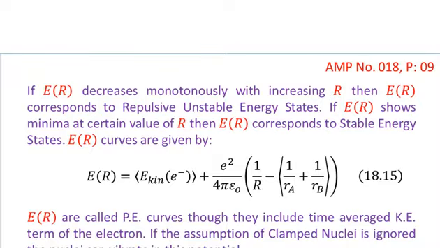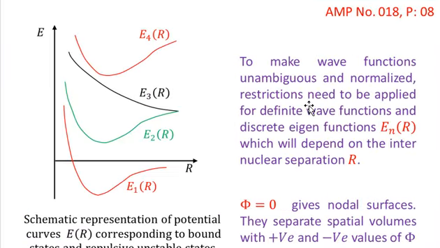So you see that the curves E4, E2 and E3 show a minimum at a particular value of R. So these correspond to stable energy states. And the bound state is the one which is negative. So E1 of R represents a bound state of the molecule.